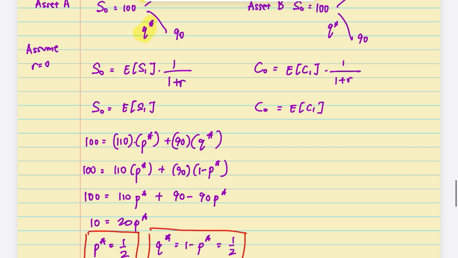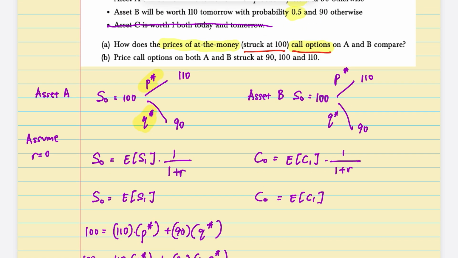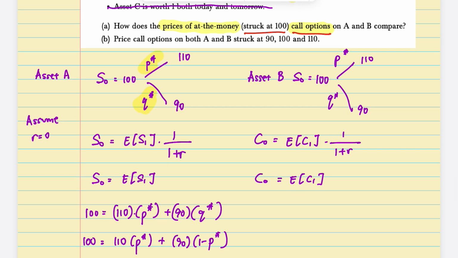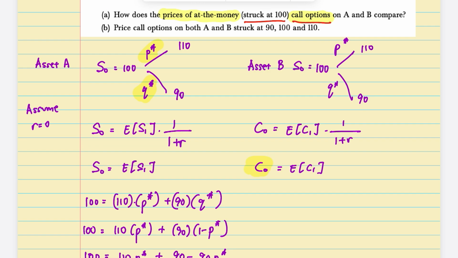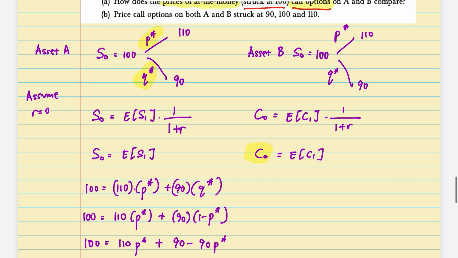So first we get the risk neutral probability for the assets. Now, what does the question ask us? How do the prices of at the money call options on A and B compare? So it is basically asking the price of the call option, which is C0 over here. So this C0 is what we are interested in. So let's just get into it.